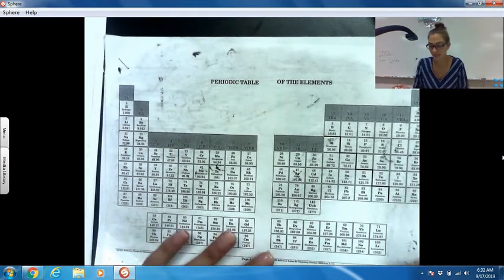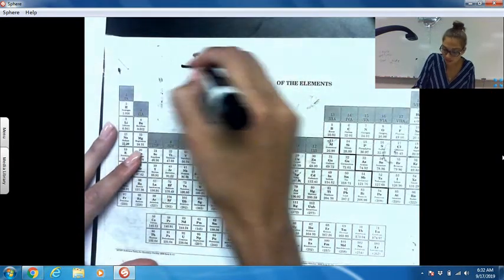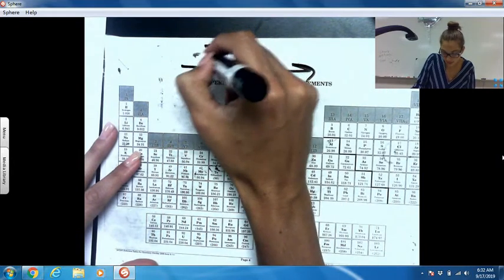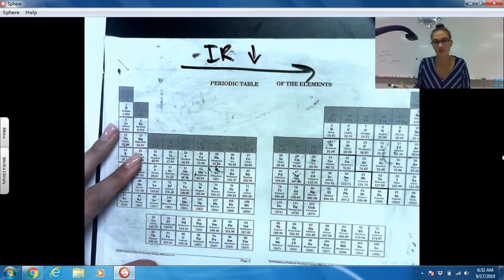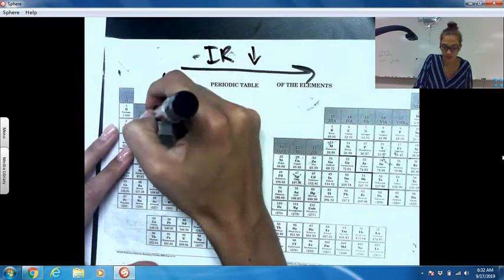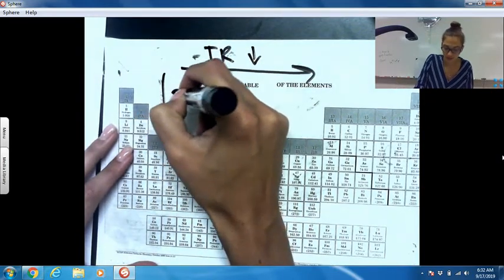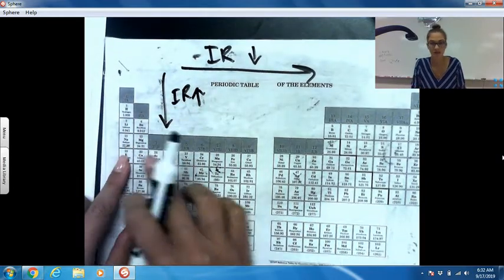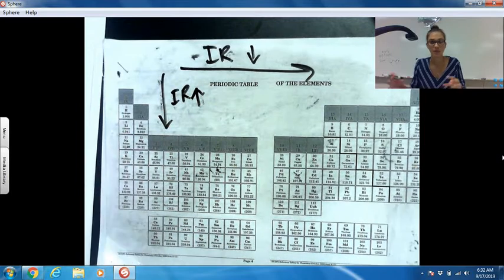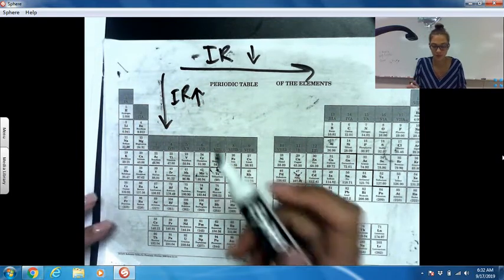So ionic radius, so IR, is going to decrease as we go across the periodic table, and IR is going to increase as we go down the periodic table. Again, because we have protons in the nucleus that are pulling electrons close to it, and as we go down, we have more energy levels.